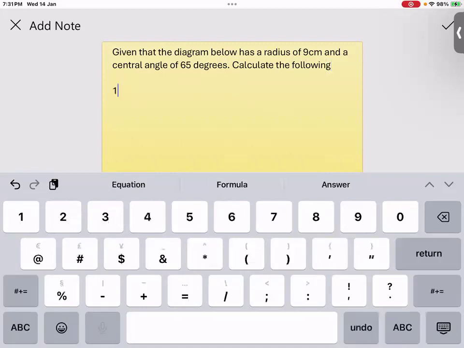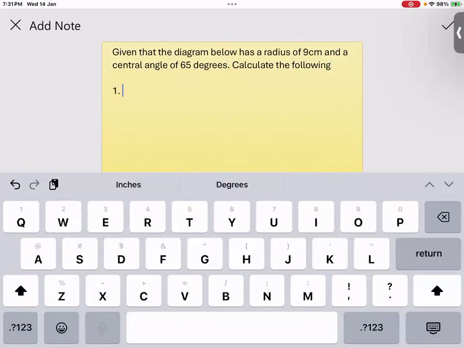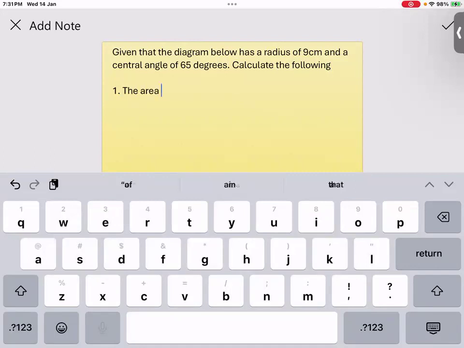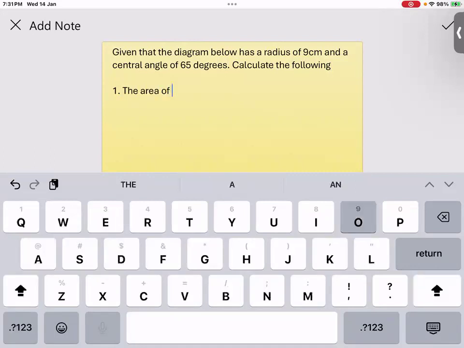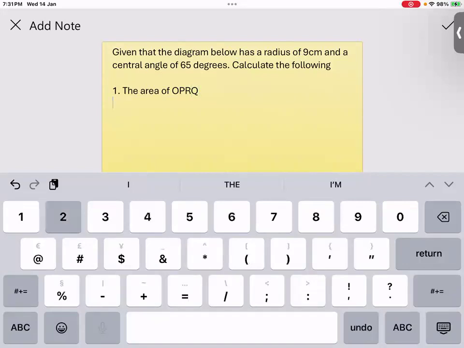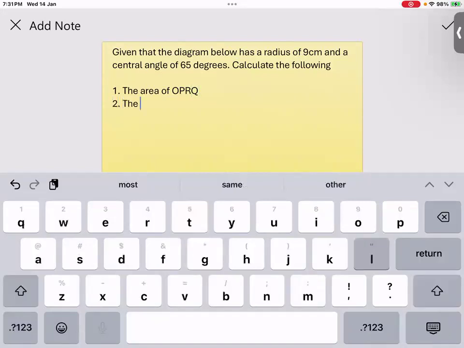1. The area of OPRQ. That's 1. 2. The length of PQ.